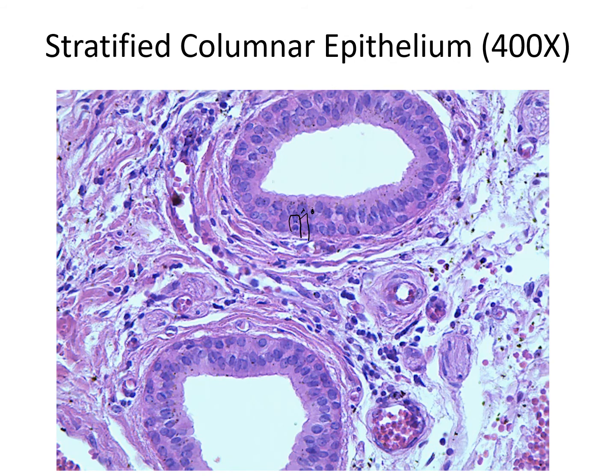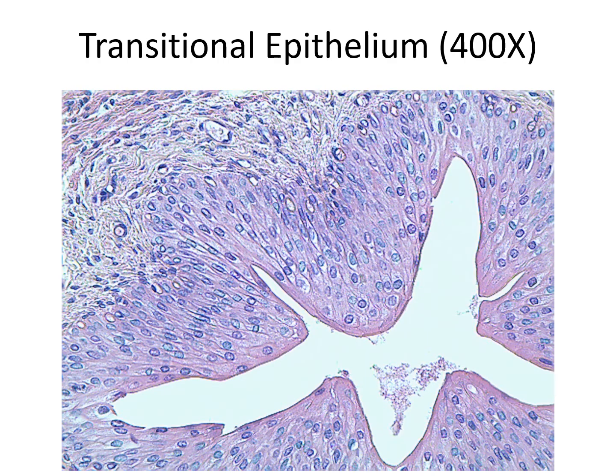Okay, here we go. Transitional epithelium. Well, what to tell you about transitional epithelium? Try to remember how it looks, because it does look like stratified, right? So here is our basement membrane, and here's the epithelial tissue, right?